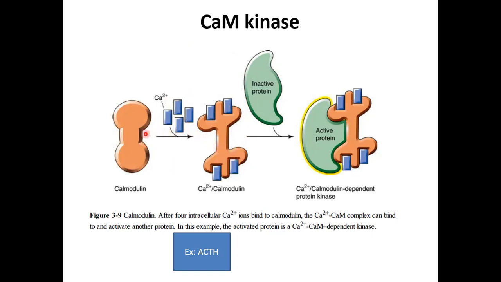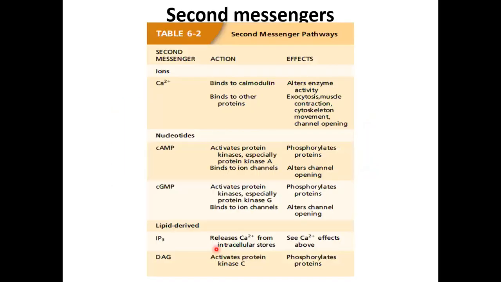Look at how the calmodulin looks here; it is being changed in such a way that when an inactive protein binds to it, it gets activated. So this calcium calmodulin complex is going to activate a protein kinase, which brings about the activities of the particular hormone. For example, ACTH. ACTH acts through the calcium calmodulin kinase mechanism.